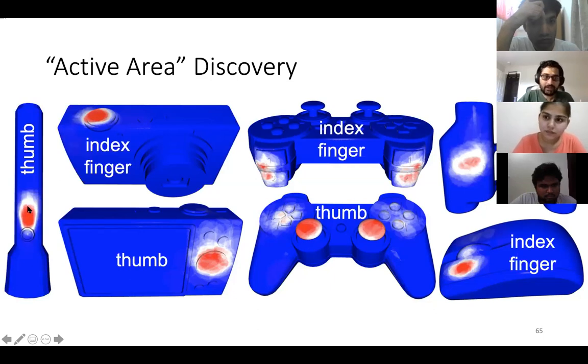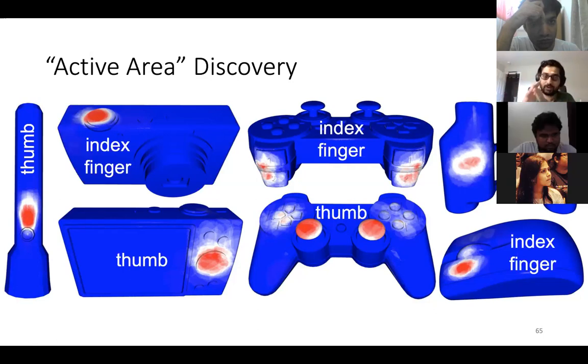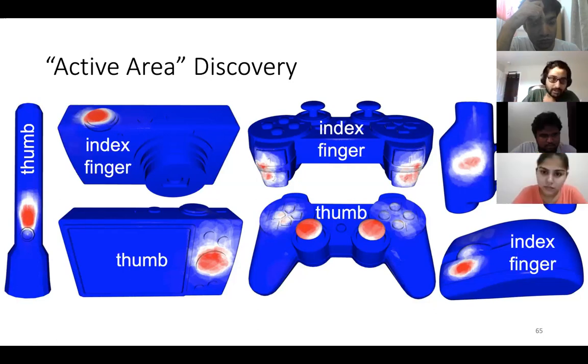So we can filter out the points which were touched by the tip of the thumb, and filter out all the other contacted points. And averaging that over the entire data set, we see that most people place their thumb at the button of the flashlight, right?